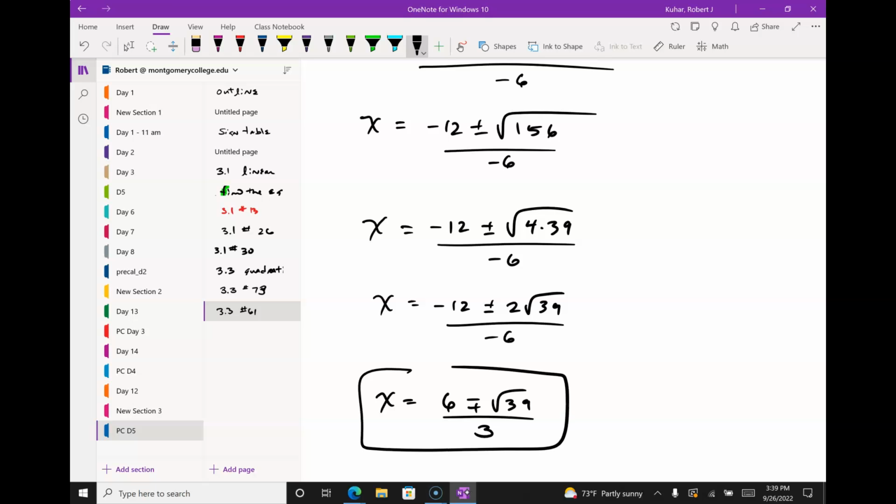There it is. Kind of ugly. You remember doing quadratic formula before? Yeah. 6 minus plus. Yeah, I divided by the negatives down here, so that became positive and these switched. It's the same. That's just me. We could just write it as 6 plus or minus rad 39 over 3. Yeah, exactly.